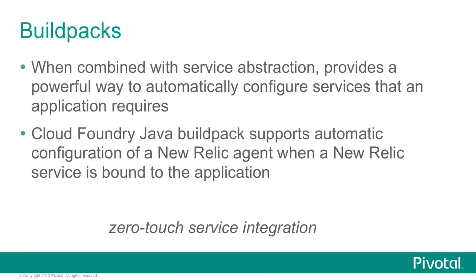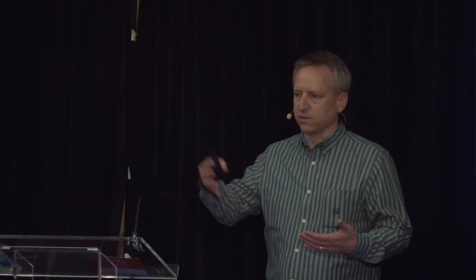So this combination of buildpacks to build a software stack and the services abstraction allows buildpacks, when staging an application or putting a software stack in place for an application, to also inspect the list of services that are bound to that application and make decisions based on that. So the buildpack can make decisions based on two things: the bits that it sees in your application and the services that it sees are bound to your application.